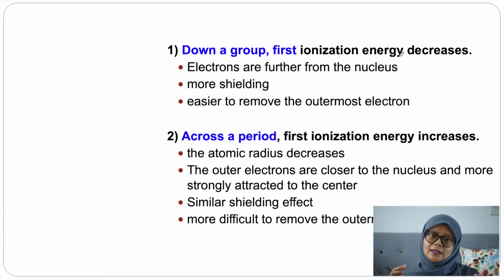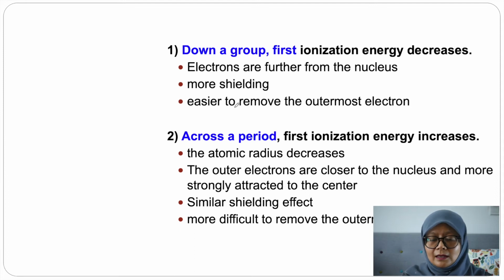So what are the trends of the ionization energy in the periodic table? Down the group, from top to bottom, first ionization energy decreases. Why? Because of the size. Electrons are further away from the nucleus and have more shielding, so it is easier to remove the outermost electron.